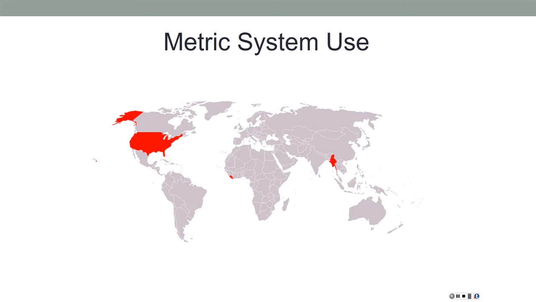In today's world, scientists and engineers from the United States work with engineers from other parts of the world. People who are distributing food, for example: the food may be packaged here in the United States in gallons and then go to Europe, where it has to be in liters. So there are issues all over the place.